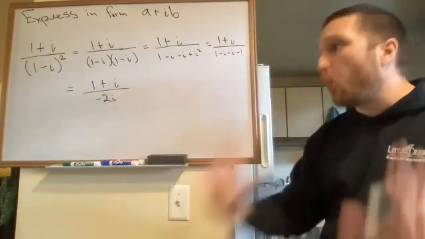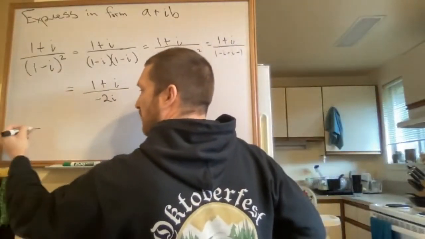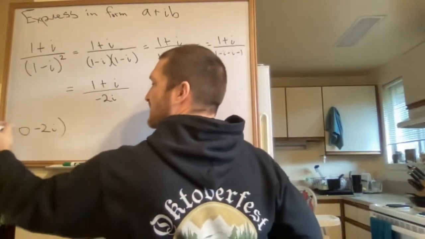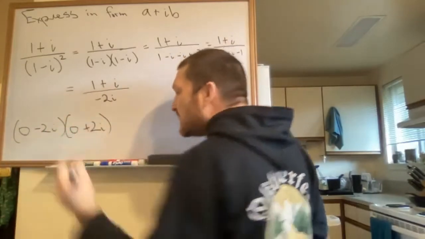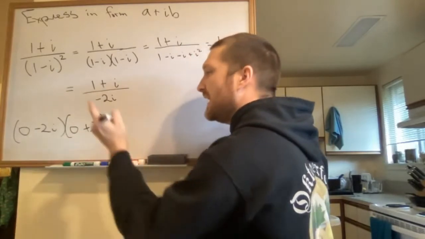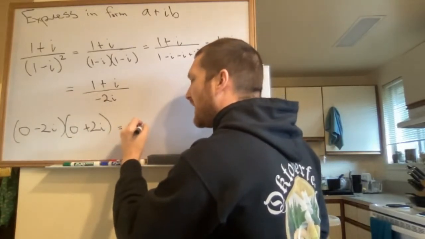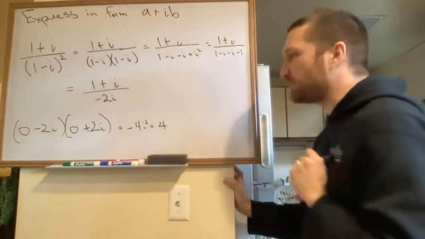Now, if we wanted to, we could think about this as 0 minus 2i. And so its conjugate would be 0 plus 2i. And then first, outer, inner, last would give me a negative 4i squared or a positive 4. That's perfectly fine.